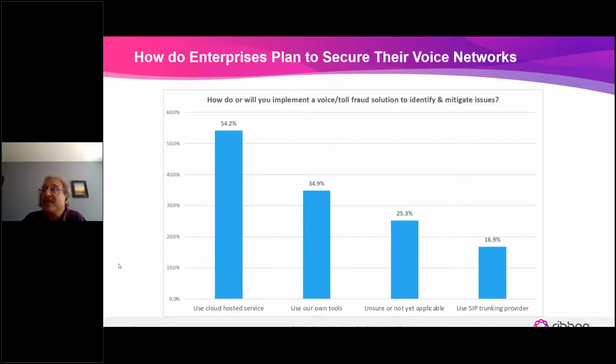A third said they would use their own tools. A quarter were not sure, and 17% said they would expect their SIP trunking provider to provide a solution. And that's interesting. We absolutely believe that the SIP trunking providers, the service providers they're connected to, as well as managed service providers can offer these services.